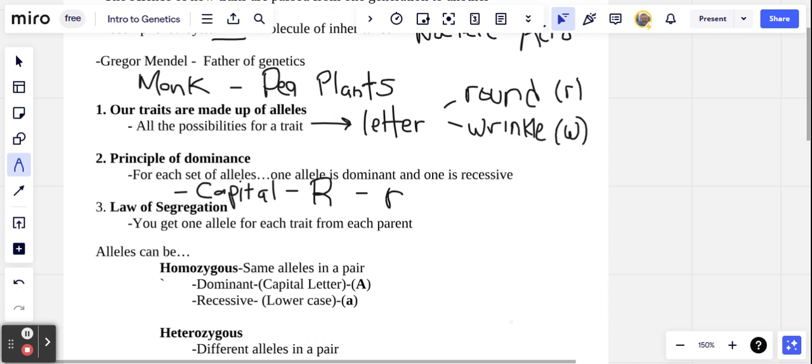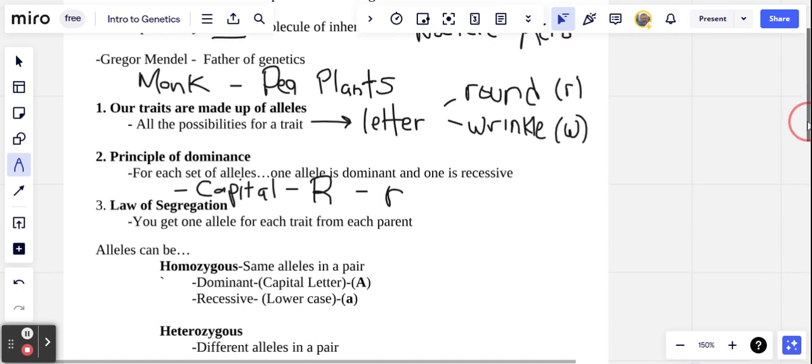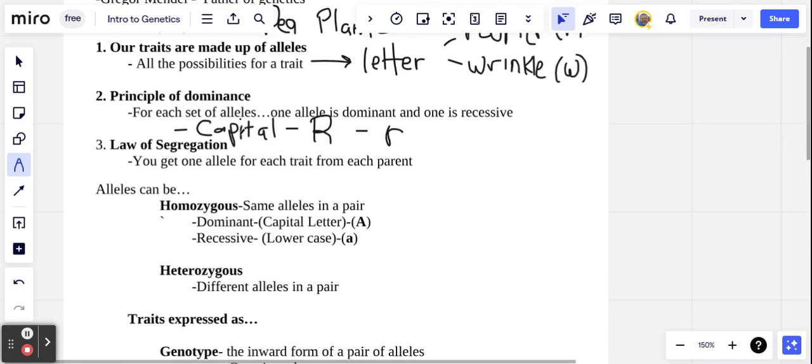There are some that blend, where one isn't dominant over the other, and that causes the trait to blend. They used to think that's how we got traits. If one parent had black hair and the other had blonde hair, you'd have something in between, like brown hair. But they realized that wasn't true just by simple observation.